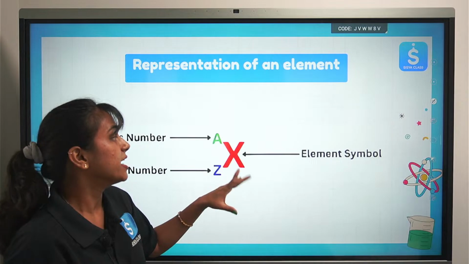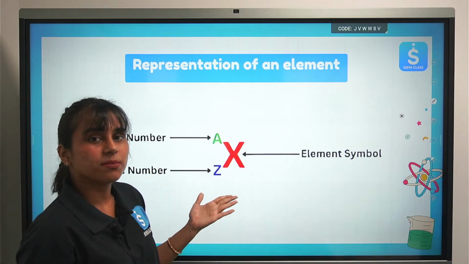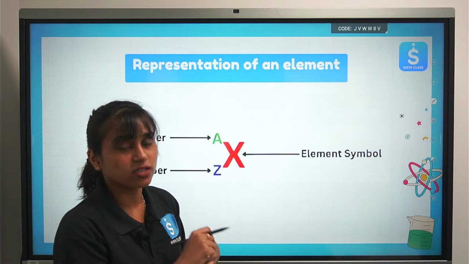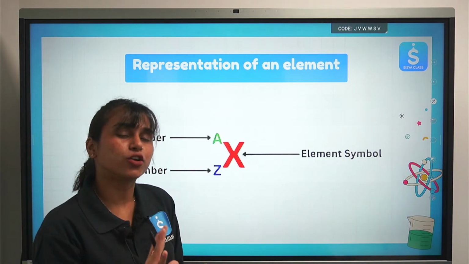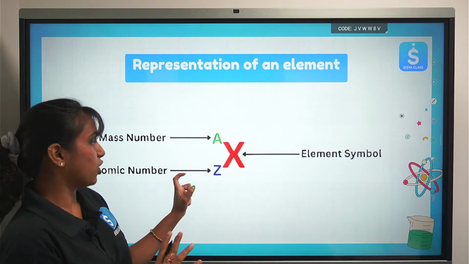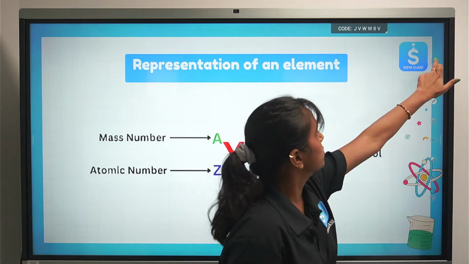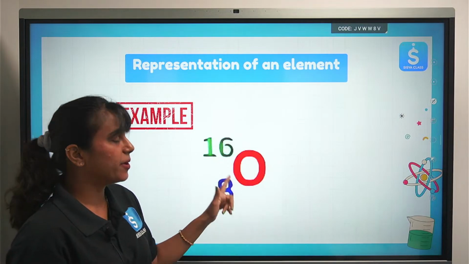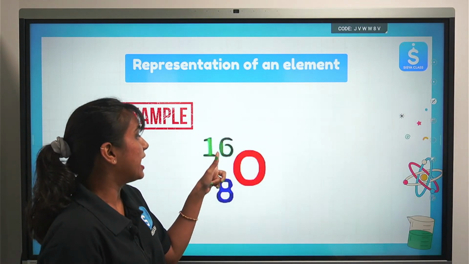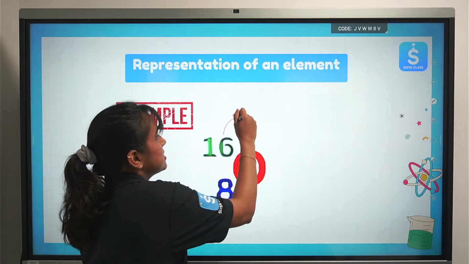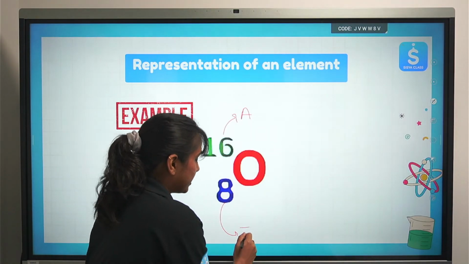On the top you will write the mass number, the number of protons plus neutrons, or nucleons, and in the bottom you will write the atomic number, that is Z. Let's move on. This is an example. Let's say we have oxygen. Oxygen's symbol is O, and this is the mass number A, and this is the atomic number Z.